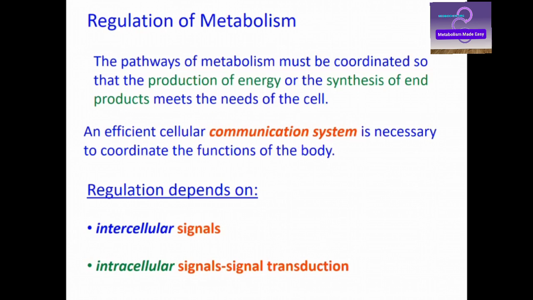And this means you have to have two types of signals or events, if you want. You have intercellular signals, and the example I gave you, it's interorgan signals. Hormone released by pancreas is exerting its effects on the liver. So insulin has acted as an intercellular signal between these two organs.